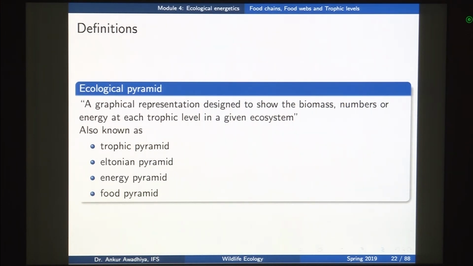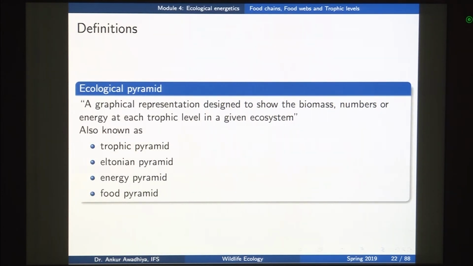Biomass is the total amount of mass formed out of the biological entities present at each trophic level, or the number of organisms at each trophic level, or the energy in each trophic level. These ecological pyramids also go by the name of trophic pyramid, Eltonian pyramid, energy pyramid, food pyramid and so on.